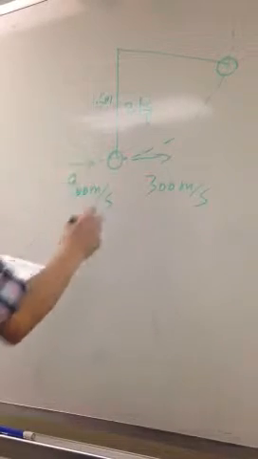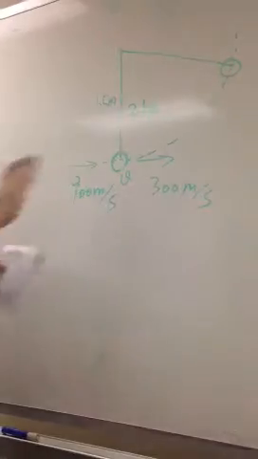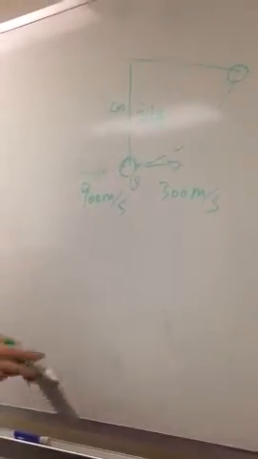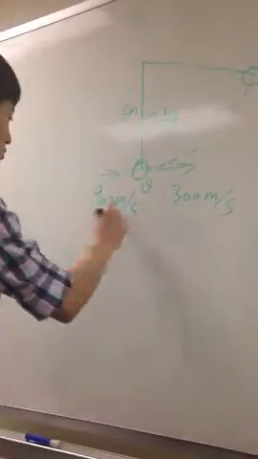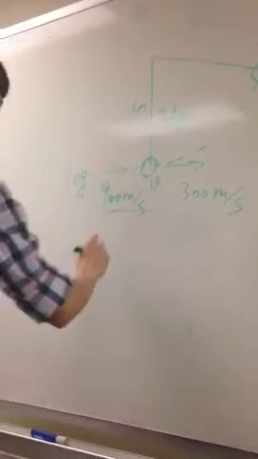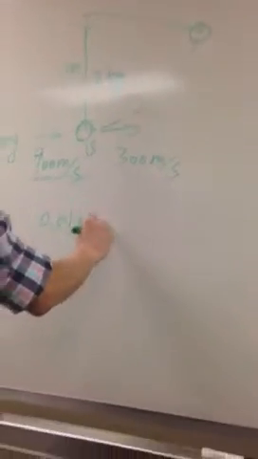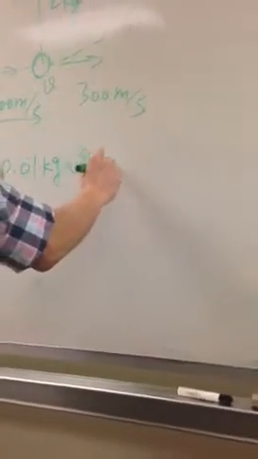But the first thing we need to calculate is the velocity after the collision. Okay. The initial, the bullet is 10 gram, again is 0.01 kilogram times 900 meters per second. That's the initial momentum, right?